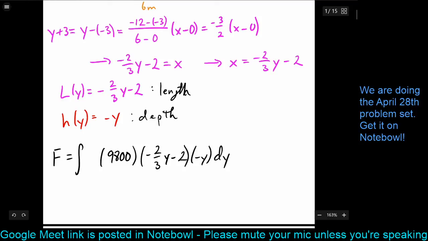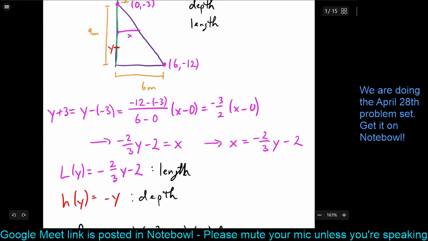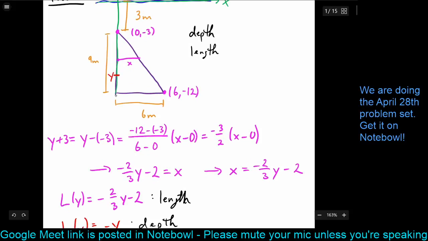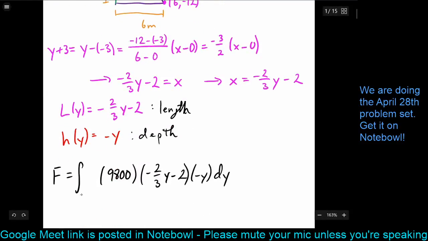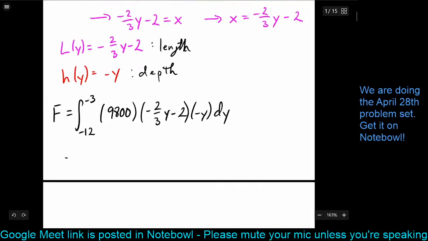Whoa, I cannot write today. All right, and then we need to set up the bounds. Remember, the bounds here are going to go from the bottom of this shape to the top of it. This is -12 down here, -3 up here. We integrate from -12 to -3. Right? And again, this isn't a particularly interesting computation, so I'm just going to pop up Mathematica to compute this real quick.